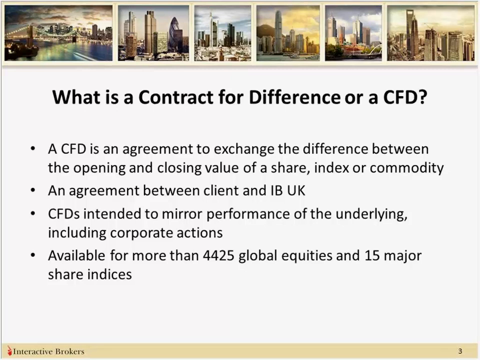Mark-to-market profit or loss is reflected in the customer's account daily, and therefore could change the value of funds available for trading each day. IBUK offers contracts for difference covering more than 4,440 shares and indices across the US, Europe, and Japan.